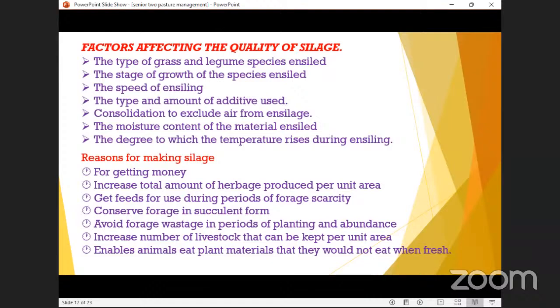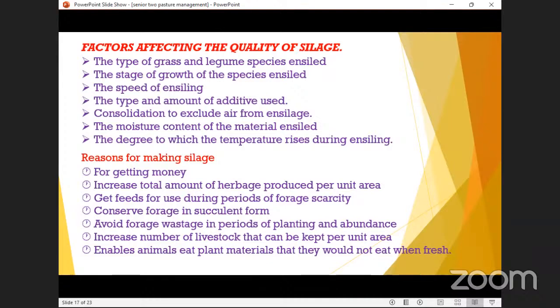And then the other point is to increase the number of livestock that can be kept per unit area. If you have much to feed these animals, it simply means that your farm can multiply continuously. Because you are feeding them on hay, you don't have scarcity of food on your farm.